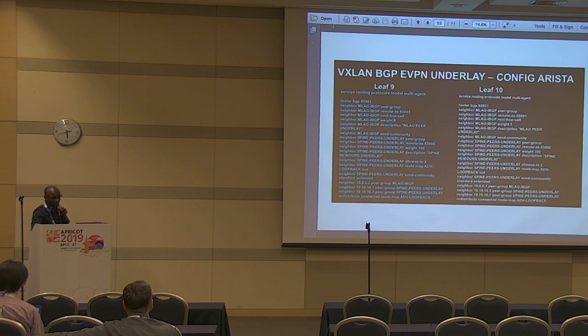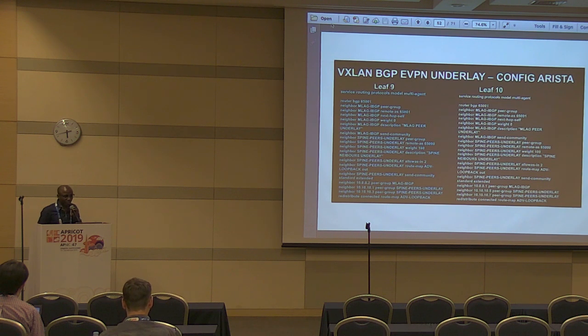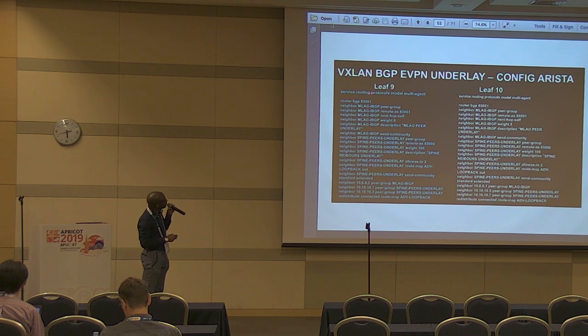So again, it's vanilla eBGP configuration, just what you use today. Key though, on the Arista, I found out that without enabling service routing protocols model multi-agent, your EVPN is not going to be active. So this single line is key to activate EVPN.